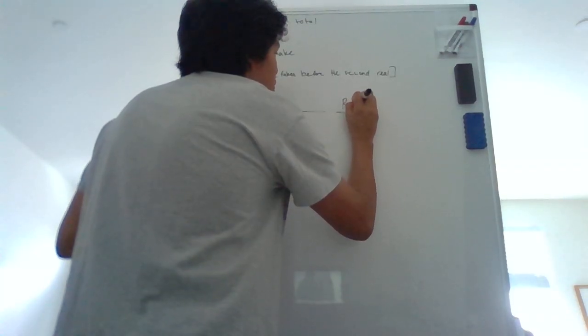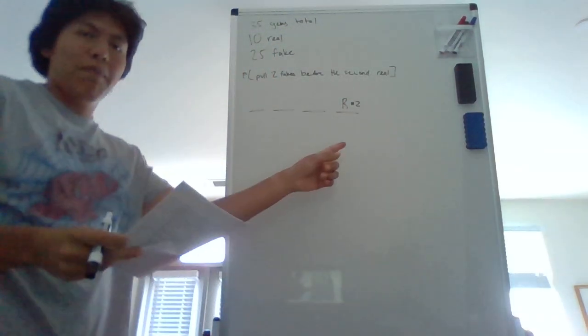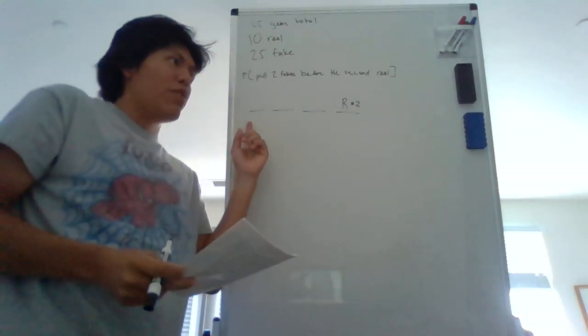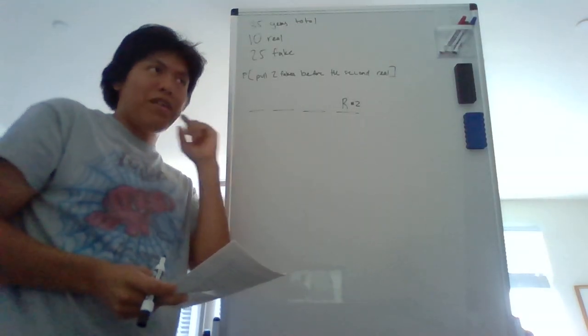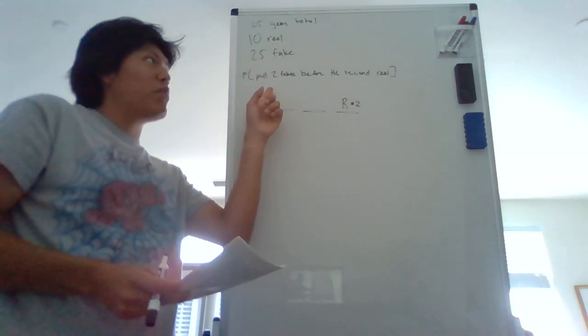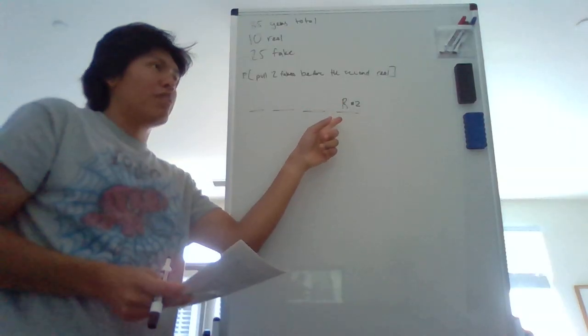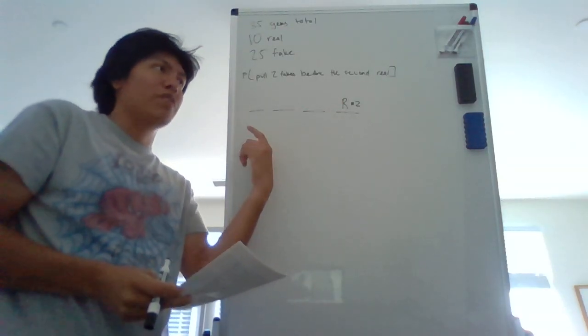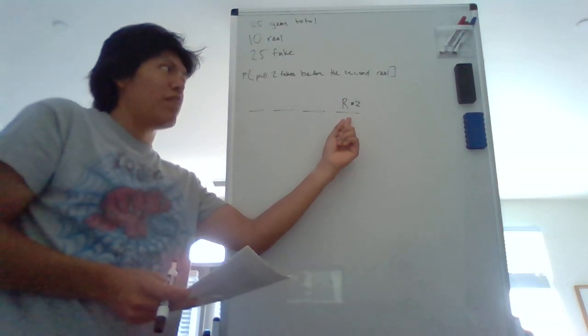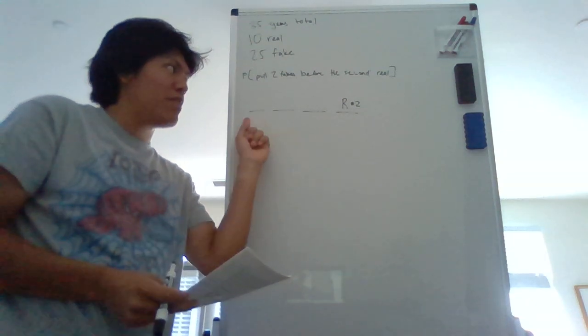Real number 2. R for real. The order that we pull these gems out matters a lot. Because we've pulled 2 fakes before a second real, and we've already pulled the first real, that means that the second real has to be at the end of this chain.